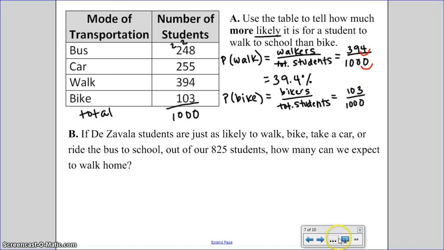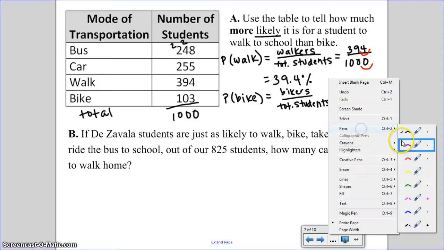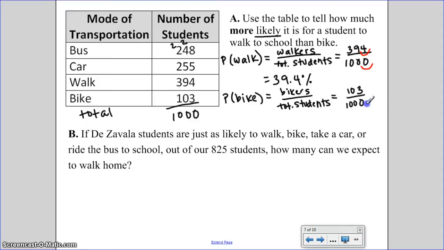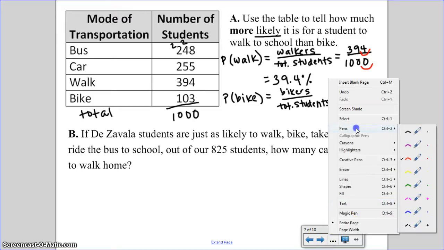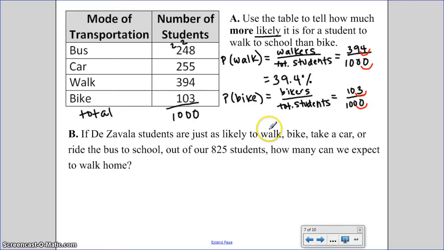And just like we did up here, remember that a percent is always out of 100. So in order to get 100, I move that decimal place over once. I move this decimal place over once. So here, my bikers is 10.3%.